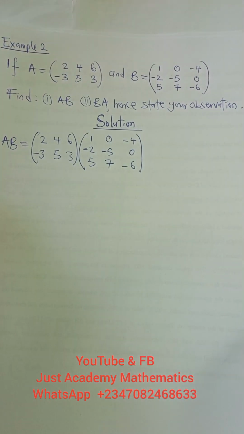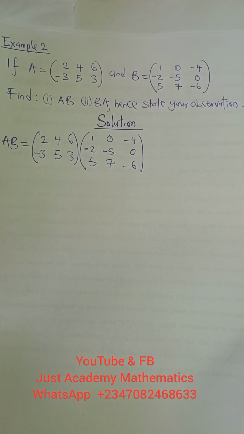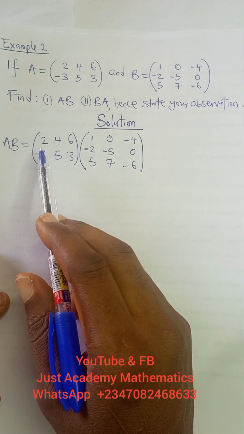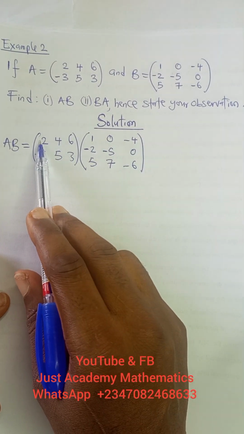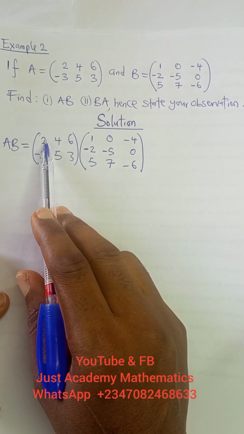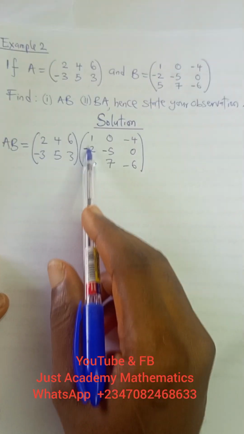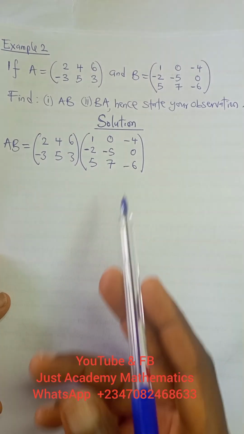Are you with me? Now, if we multiply these two matrices, it will be possible because there are 3 elements in the first row of the first matrix, and 3 in the first column of the second matrix, so it will work.